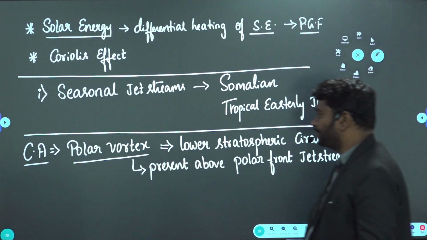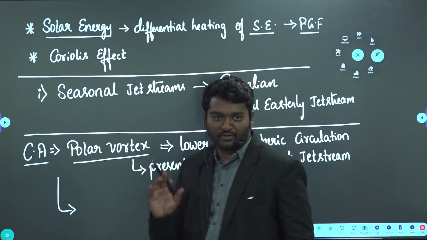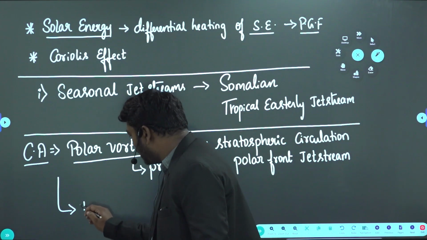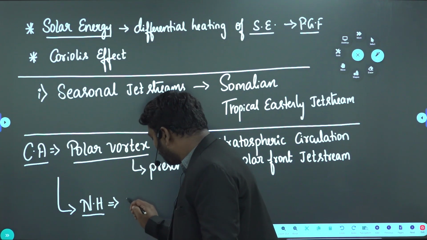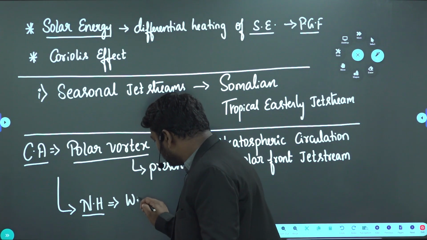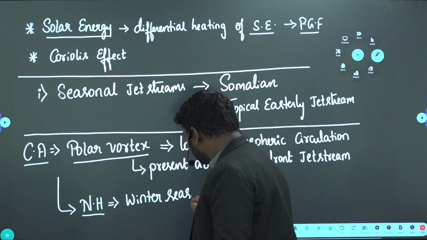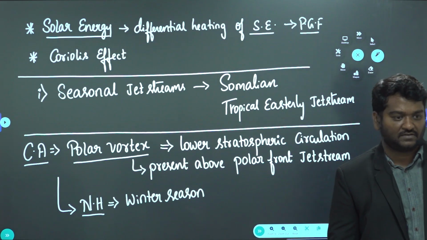Next, about the polar vortex. Remember these facts, don't get into the concepts as of now. In the northern hemisphere, the polar vortex is observed during winter season, mostly during winter season.